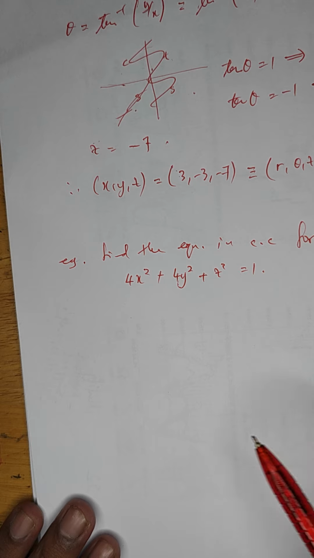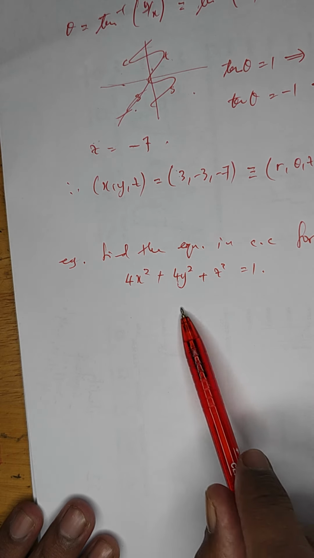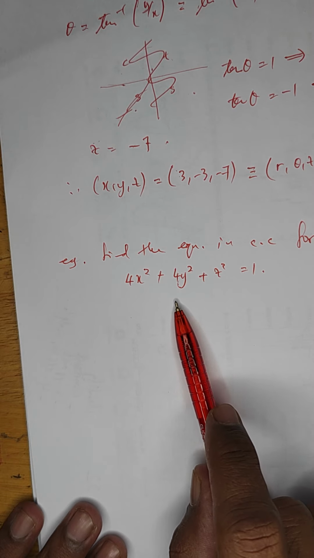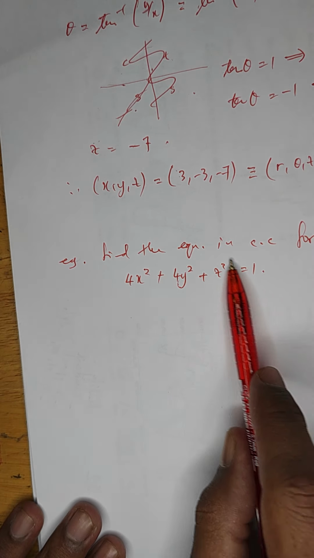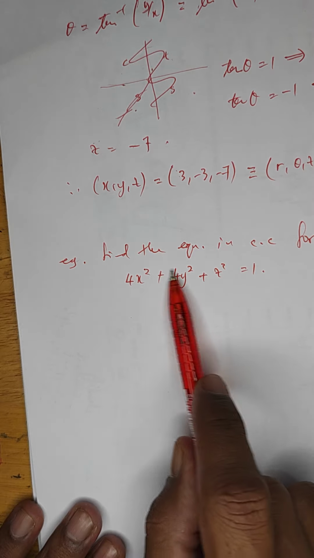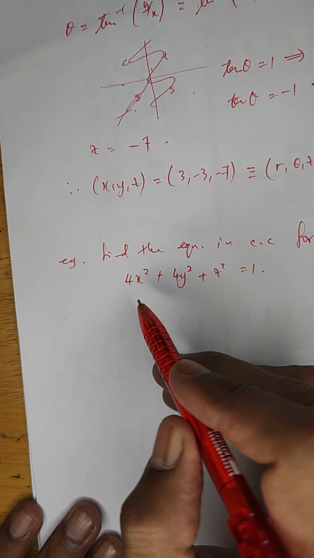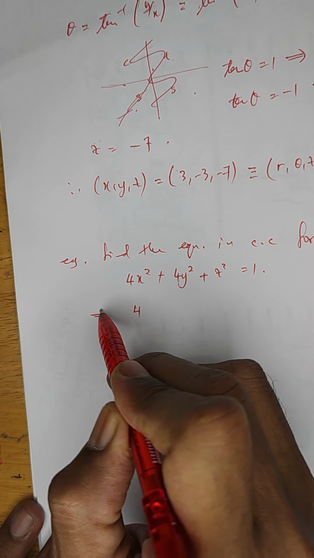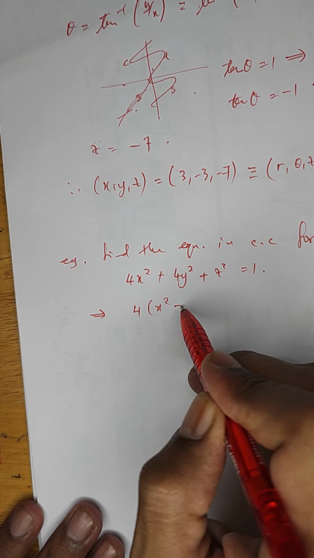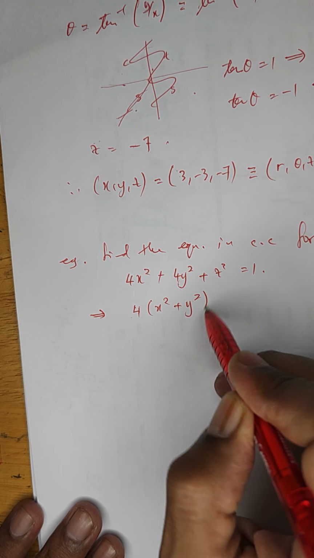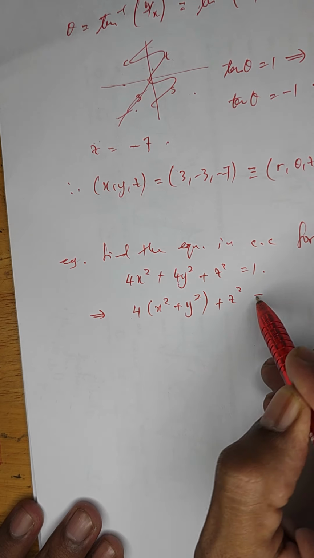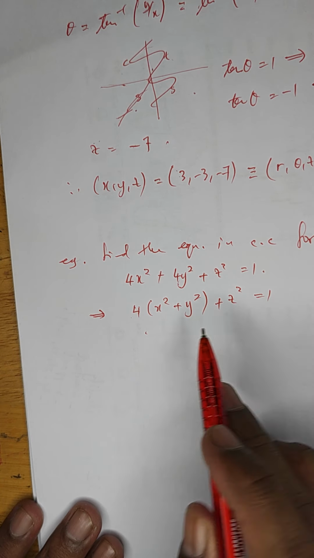Since we know that x squared plus y squared is r squared, you can factor out the 4. We have 4 times (x squared plus y squared) plus z squared equal to 1, and this is r squared.